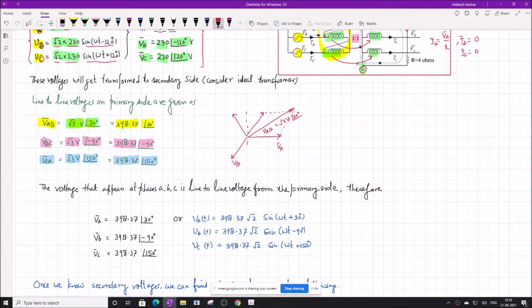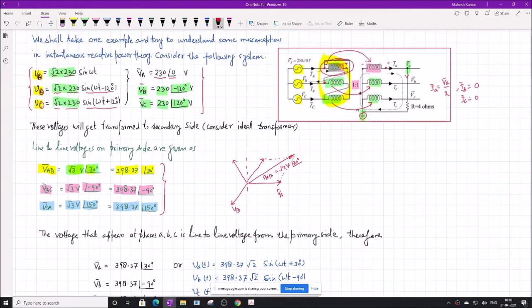So these are the three phase line to line voltages on the primary side, which are applied across the primary winding of the delta connected transformer. Here in this figure you can see that these voltages are appearing between these points, like minus plus.